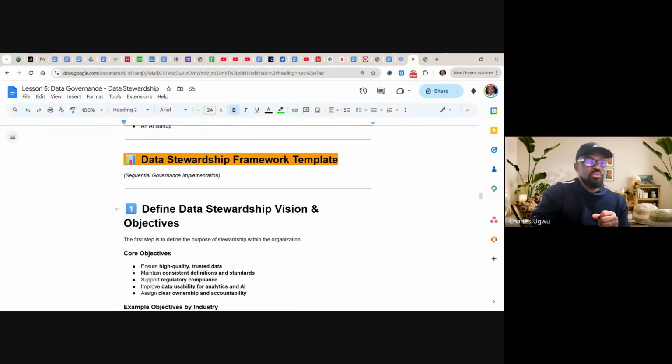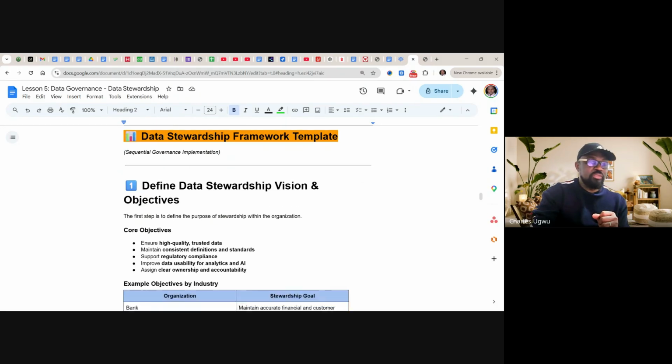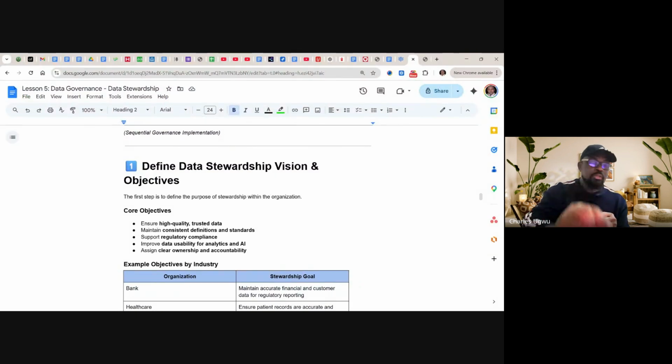We're going to first define the data stewardship vision and objective, just like we stated above. Try to create the vision statement.